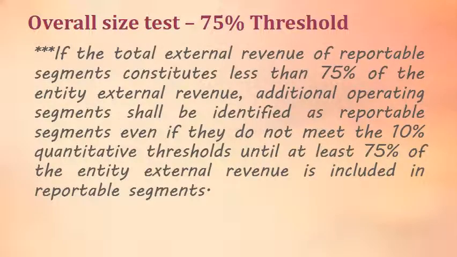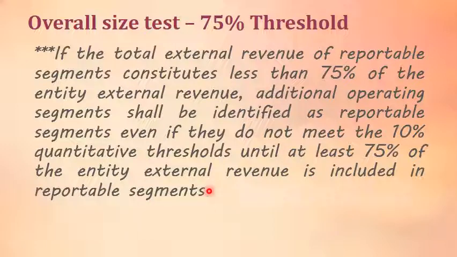Ibig sabihin, if the total external revenue of reportable segments constitutes less than 75% of the entity external revenue, additional operating segments shall be identified as reportable segments, even if they do not meet the 10% quantitative thresholds until at least 75% of the entity external revenue is included in reportable segments.